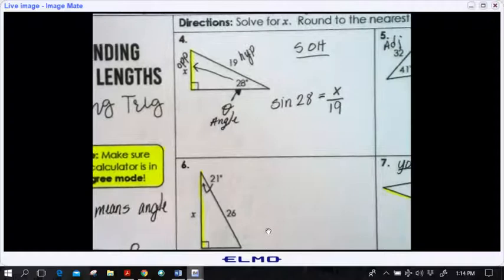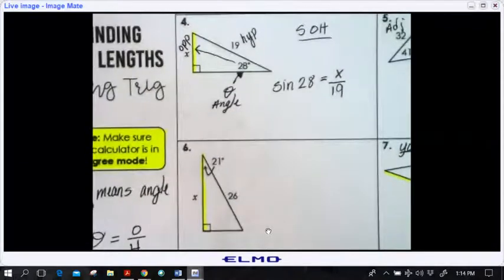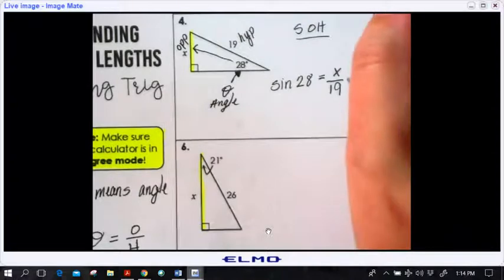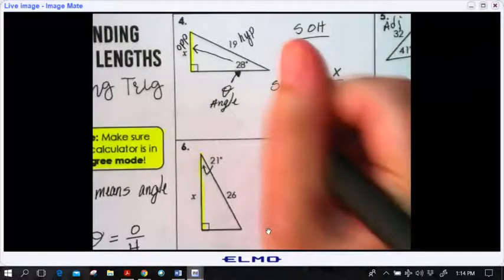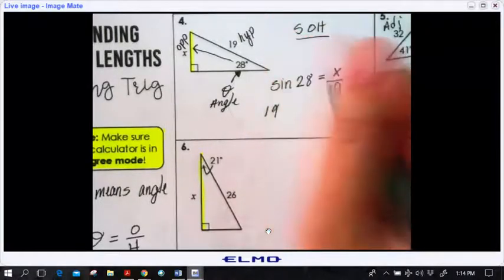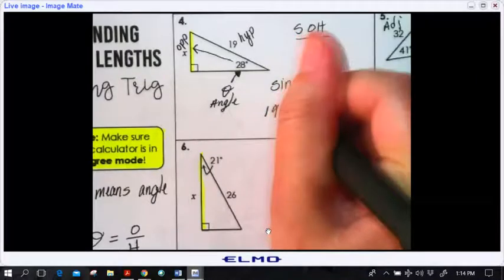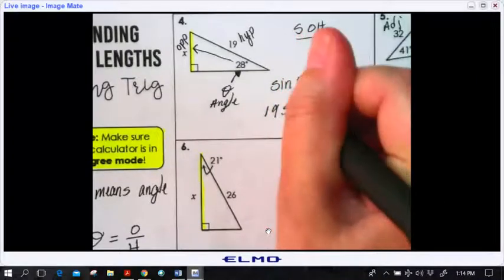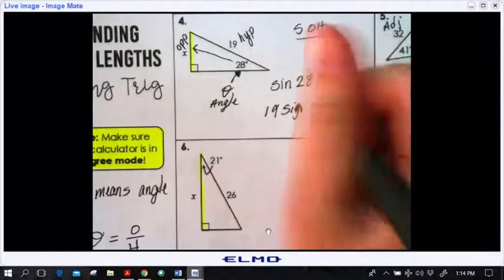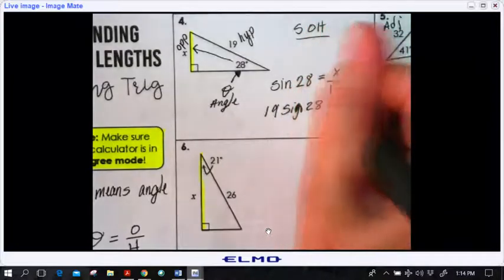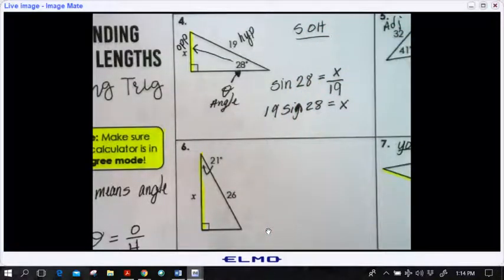Now, let's solve this to get the x by itself. In order to do that, we will need to multiply both sides by 19. And here's how that looks. 19 sine, whoops, I actually started to spell the word sine, 28 equals x.